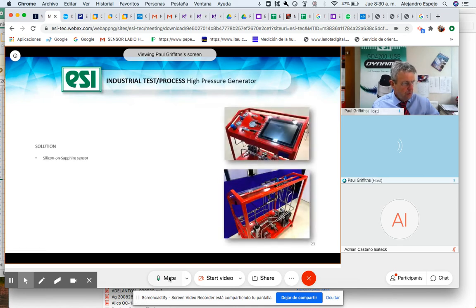So here's one. This is manufactured in Germany and in the Middle East. And this photograph was taken at an exhibition in Abu Dhabi in the United Arab Emirates. And I walked past and I said, oh, this is nice, pressure generator.